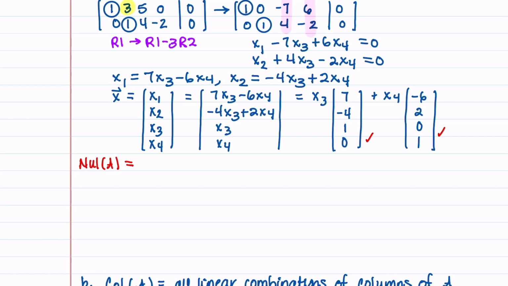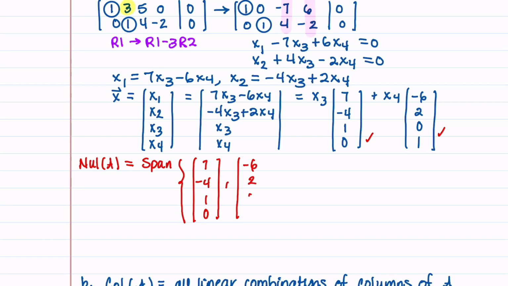So we can say that the null space is the span of these vectors: 7, minus 4, 1, 0, and then the second vector that we got, minus 6, 2, 0, 1. So that's what the null space is.